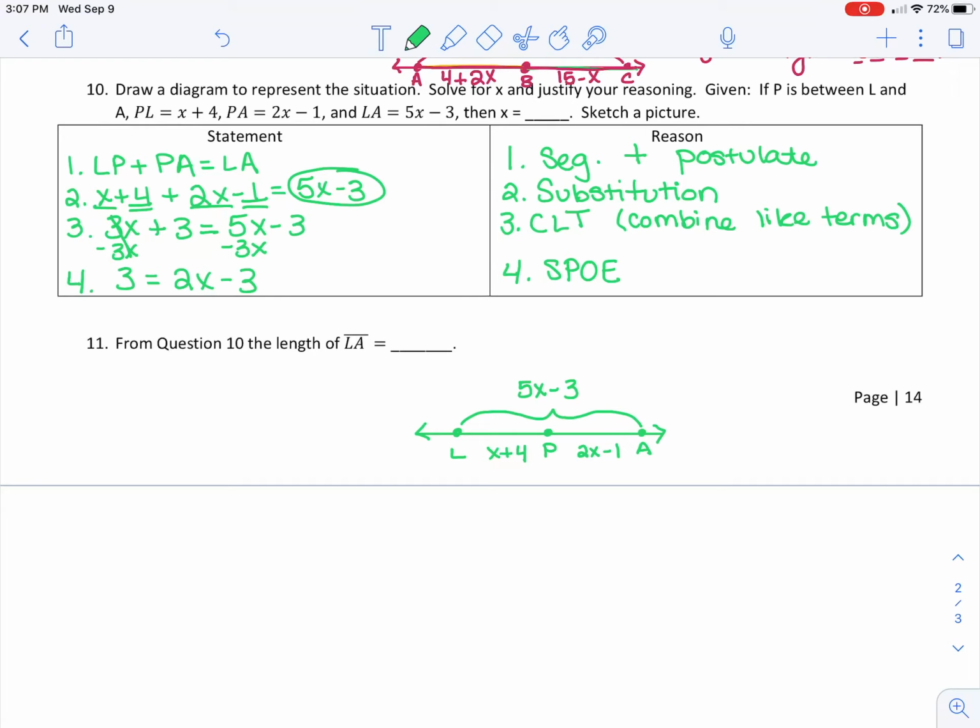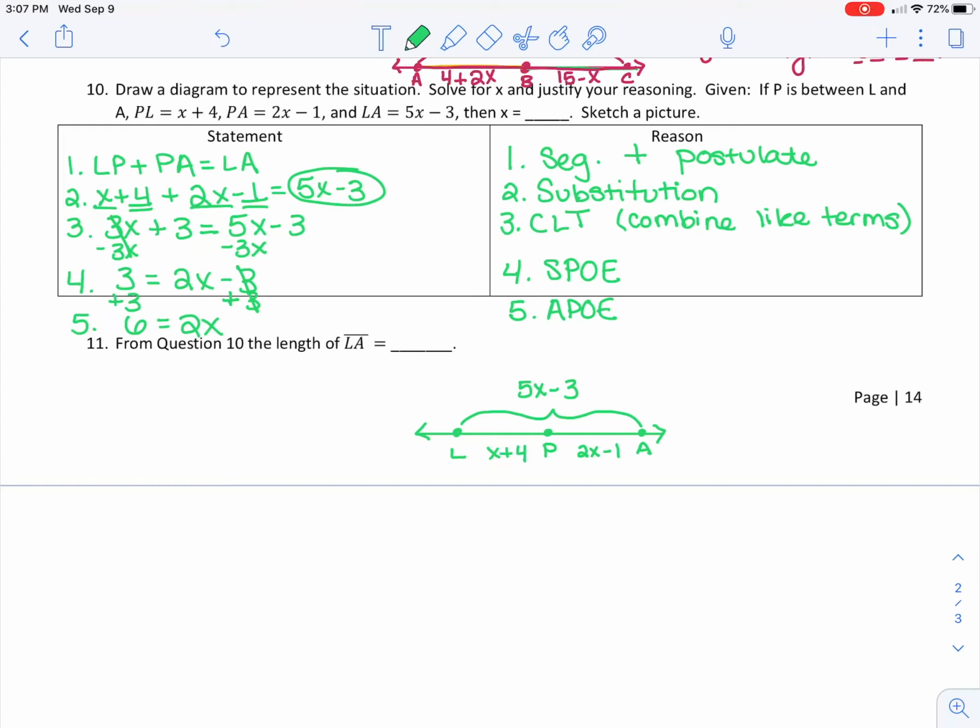Then to get to my next step, I'm going to have to get my x's all on one side by themselves. So I'm going to add this 3 over to the other side, which leaves me with 6 is equal to 2x. And since I added this time, it's just the addition property of equality.